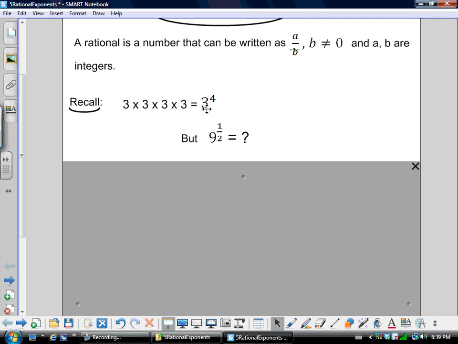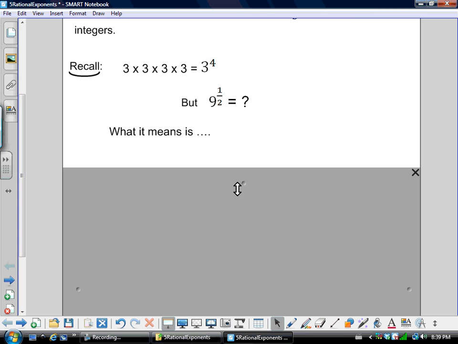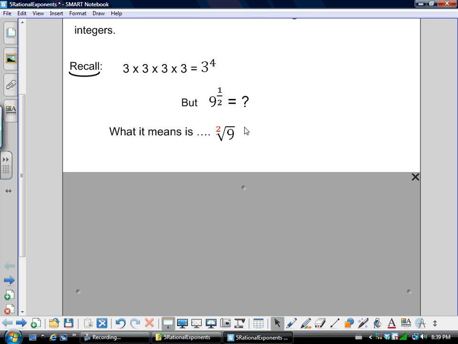When it was 3 to the power of 4, I multiplied 3 by itself 4 times. How do I do that with 9? Well, no, we don't take 9 and divide it by half. That's not how it works. So what it means by 9 to the 1/2 is we take that rational, the 1/2, we put it under a root sign.